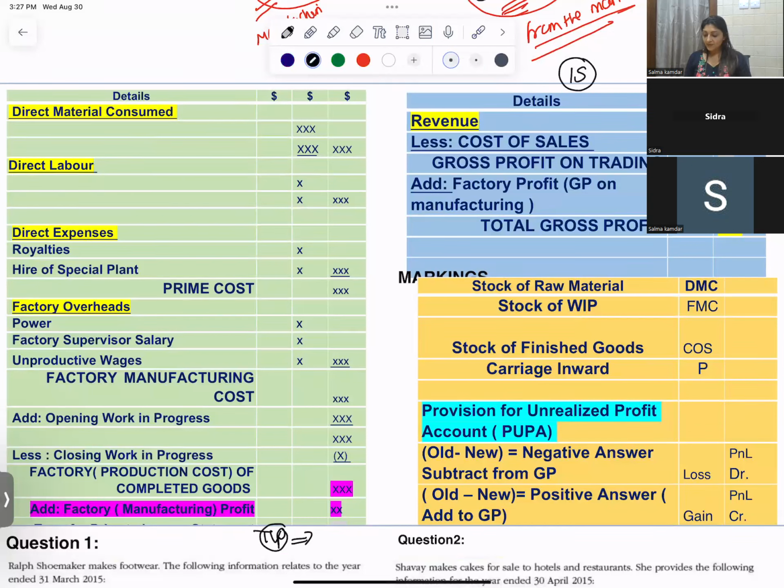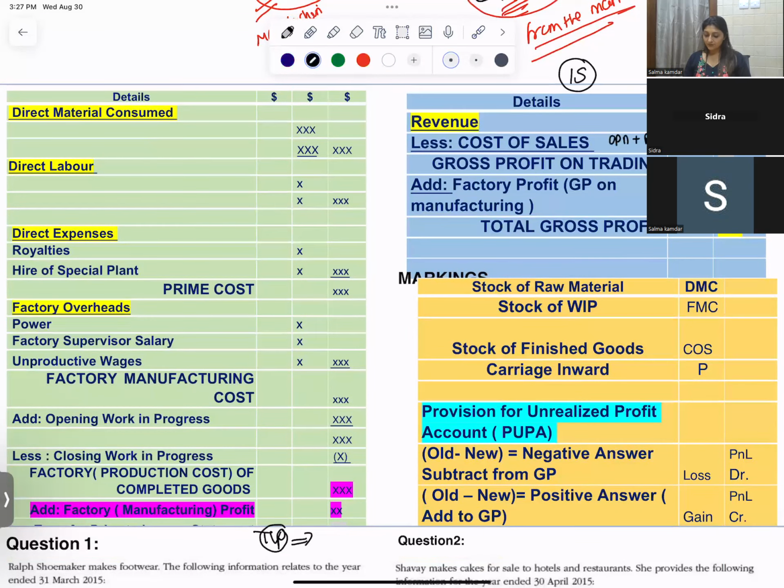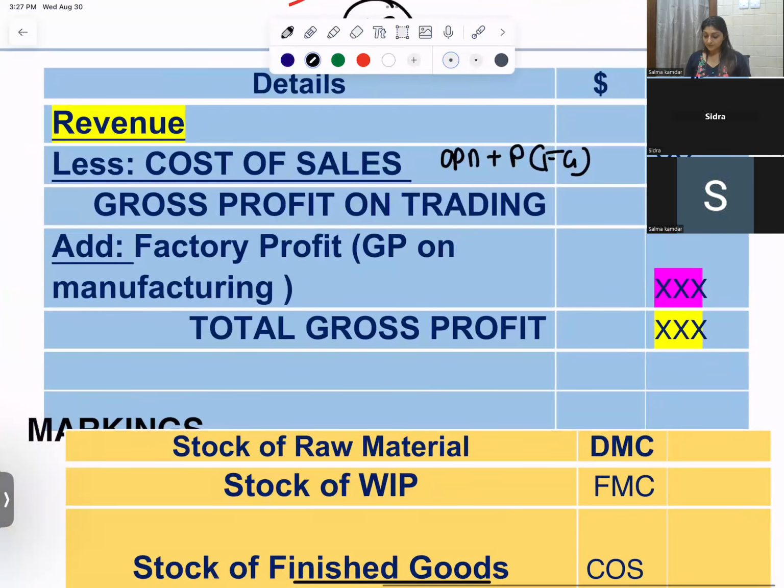I don't think so. Opening inventory of finished goods. If there is any purchases, it should be of the finished goods. Finished goods only, yeah. And you'll add your transfer value to the income statement. And then you'll subtract your closing inventory of finished goods. So all the finished goods that is over here in your income statement is at what value?